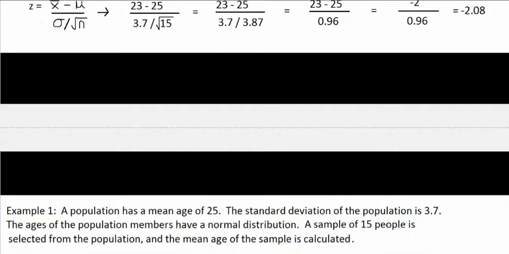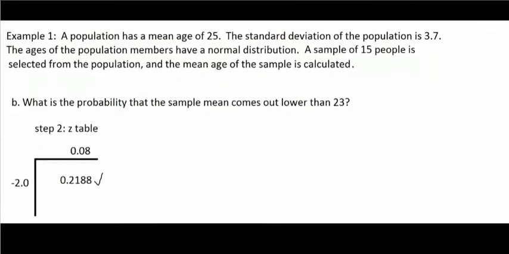Now let's go to the z-table. Since it's a negative number, negative 2.08, we have to go to the negative z-table. In the z-table I gave you, there's two z-tables side by side, and the left one is for negative numbers. So we have to go to that left one. The row is negative 2.0.